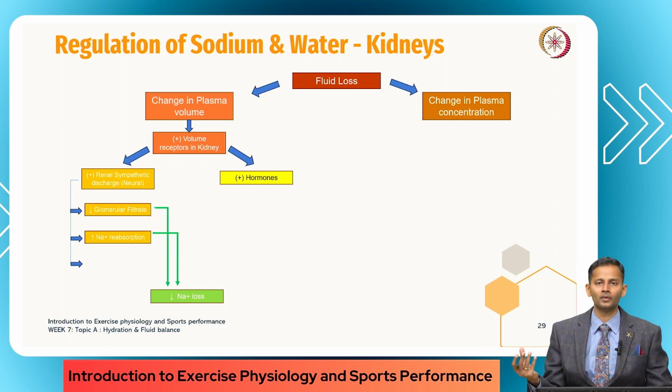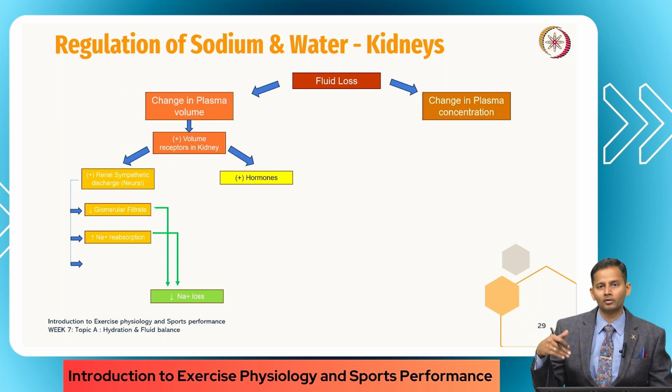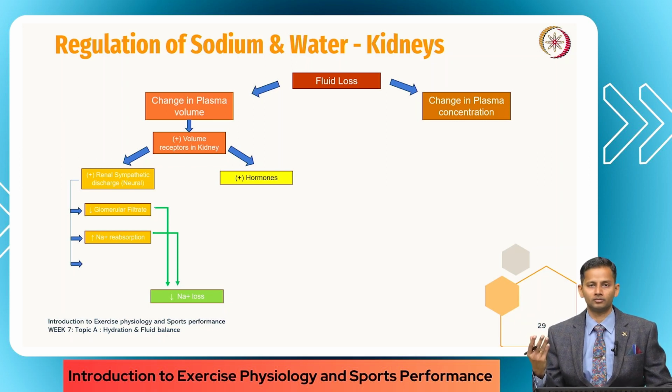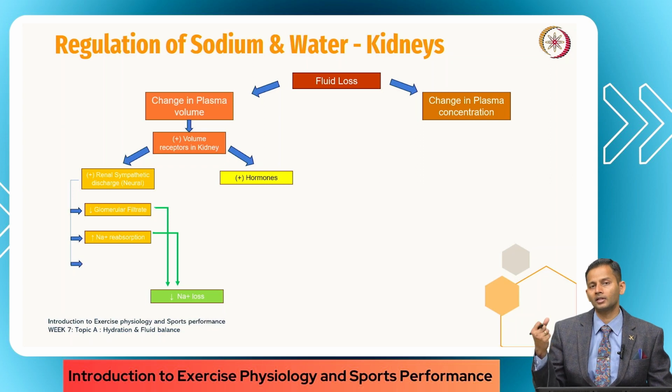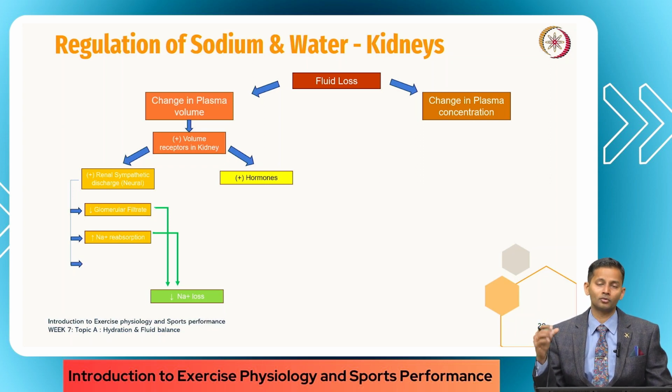It's a mechanism by which you reabsorb the necessary products which are secreted in the glomerulus. As the glomerular filtrate passes to the tubules, they are reabsorbed. Because of the increase in the sympathetic drive, there is also an increase in the reabsorption of sodium. This again will prevent sodium loss in the urine.